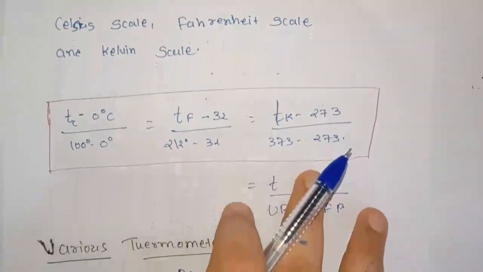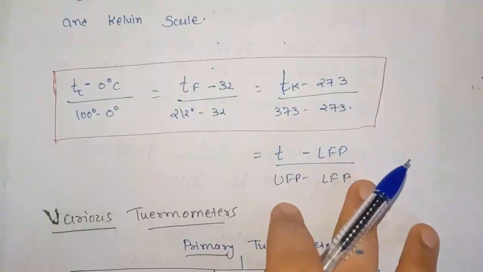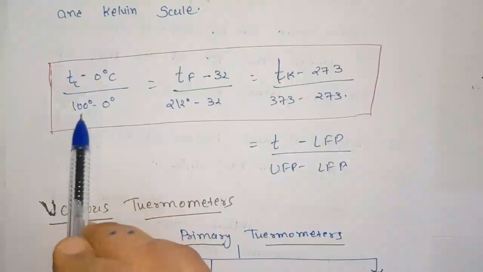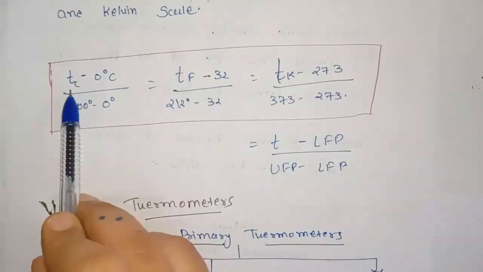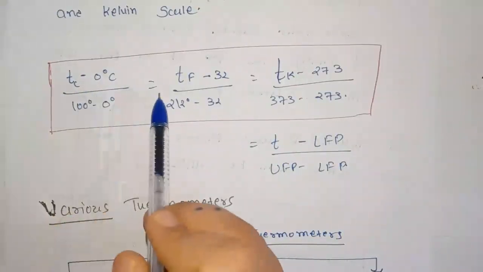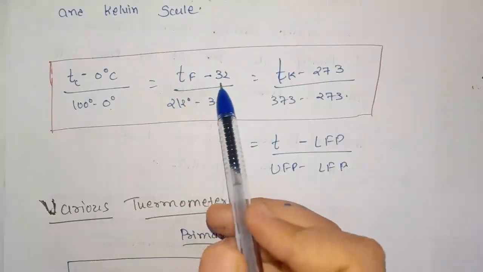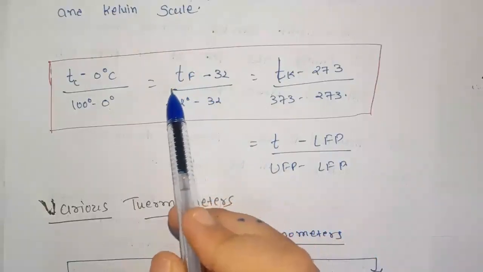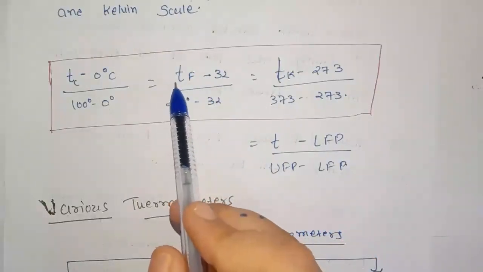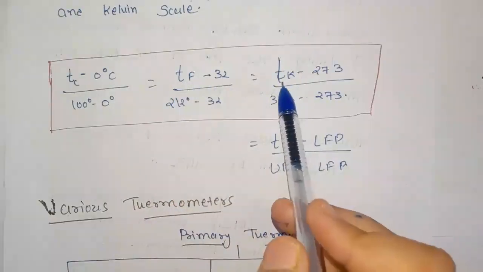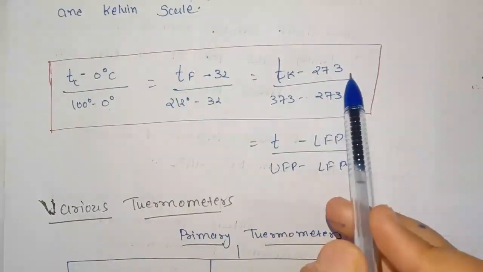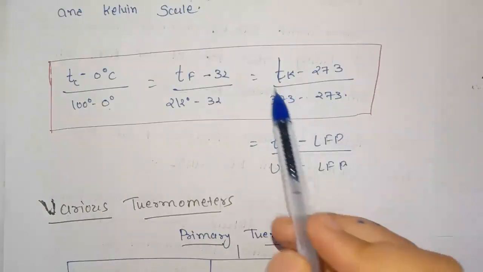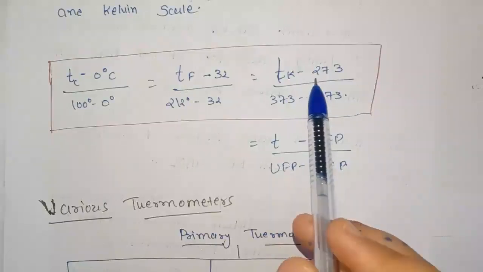The relation between Celsius, Fahrenheit and Kelvin is given by (Tc - 0)/(100 - 0), where Tc is the temperature in Celsius scale, equals (Tf - 32)/(212 - 32), where Tf is the temperature in Fahrenheit scale, equals (Tk - 273)/(373 - 273), where Tk is the temperature in Kelvin scale.